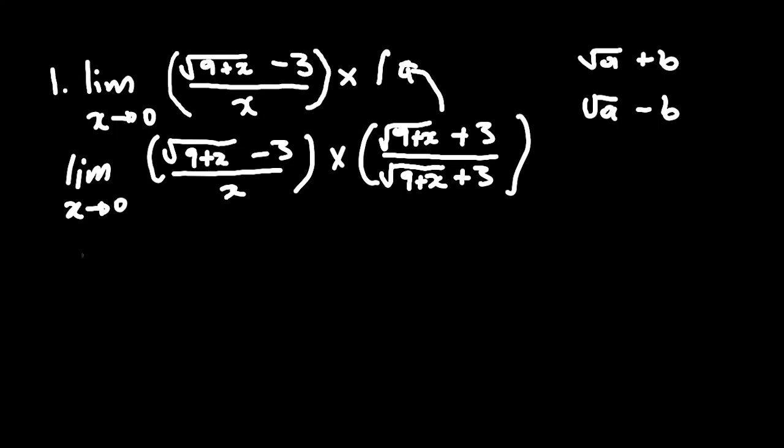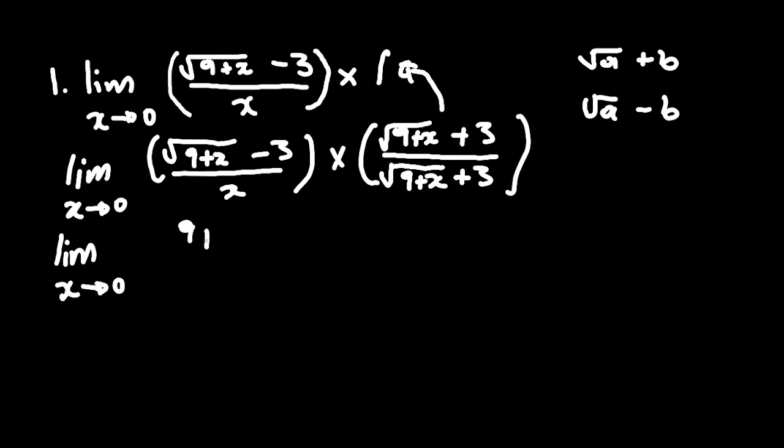So I'll have something like this. Now I can come into my limit and say limit as x approaches 0, then do a distribution. The square root of 9 plus x times the square root of 9 plus x leaves 9 plus x inside my square root.